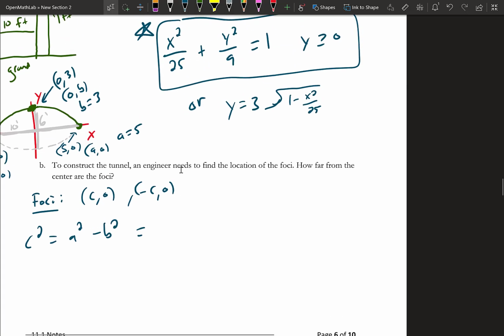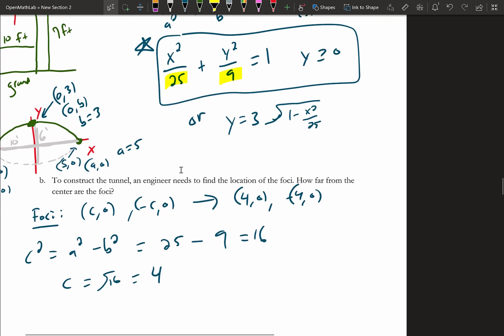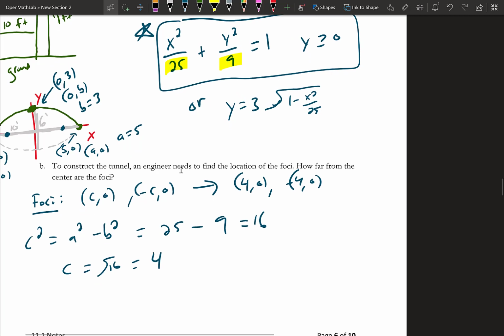So a squared is equal to 25 and b squared is 9, just pulling it from our equation. So this would equal 16. So c would be equal to the square root of 16, which is equal to 4. So these points would be at (4, 0) and (negative 4, 0). The foci, like here and here roughly.